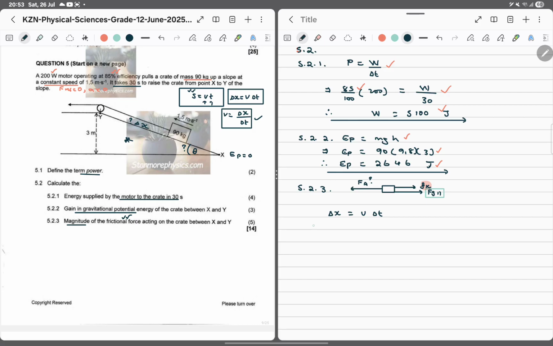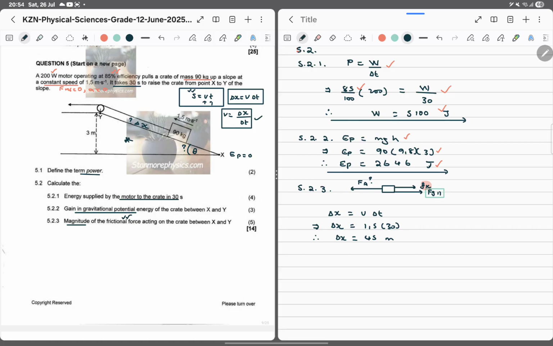Okay. So this means delta x is equal to, we were told, 1,5 times 30. So delta x here, 1,5 times 30 seconds is 45. 45 meters.